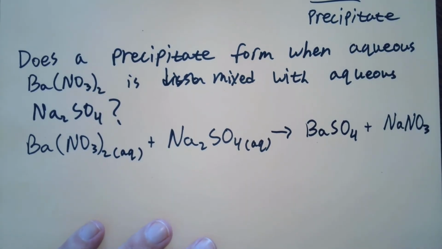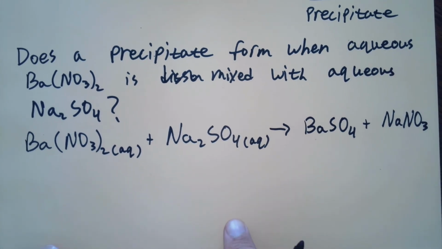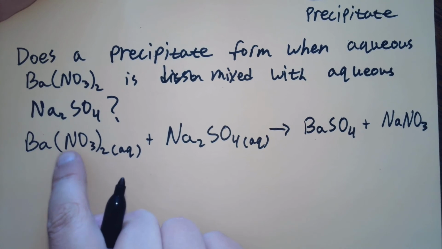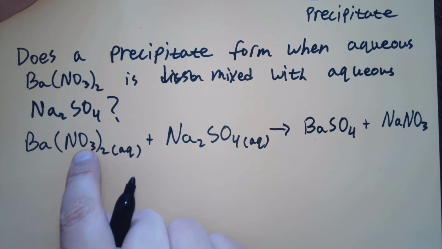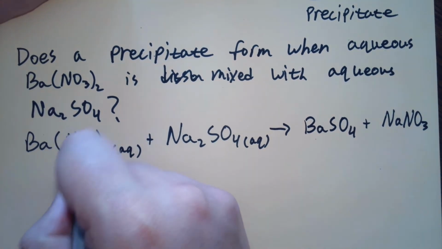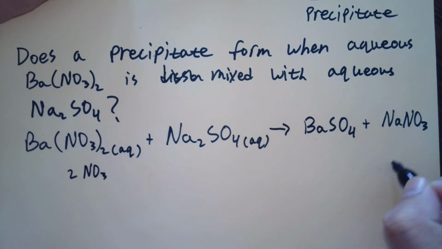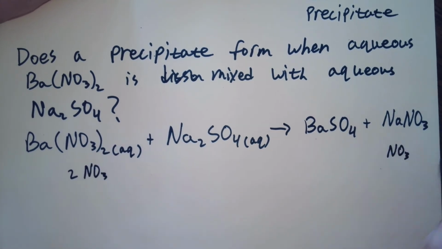Now I have to ask myself, is this balanced? And here's a good trick, by the way. You could count this like, oh, I've got 2 nitrogens and 6 oxygens, or I could just say I have 2 NO3s, because guess what I got over here? I just got NO3s.